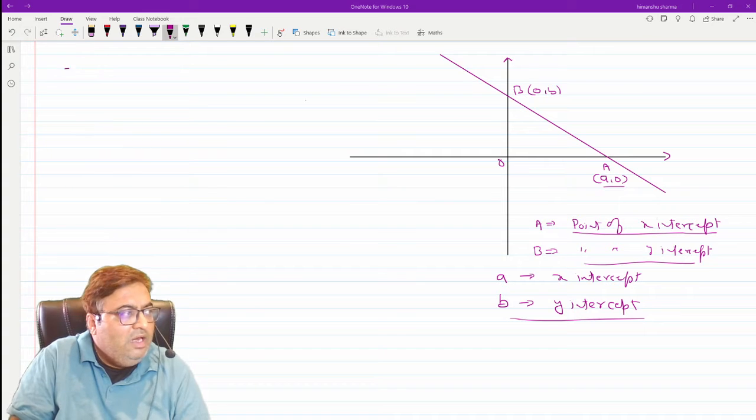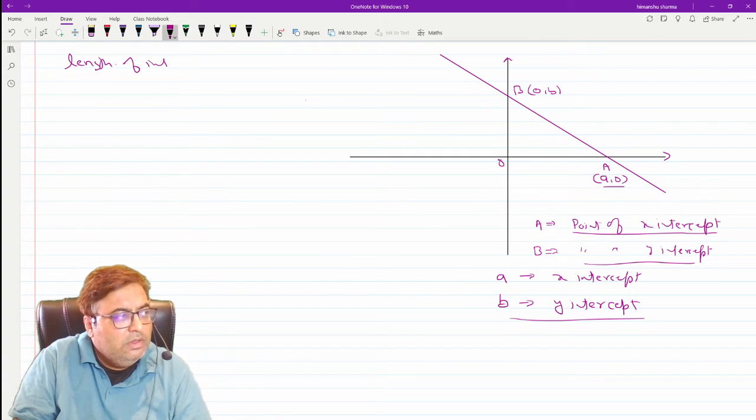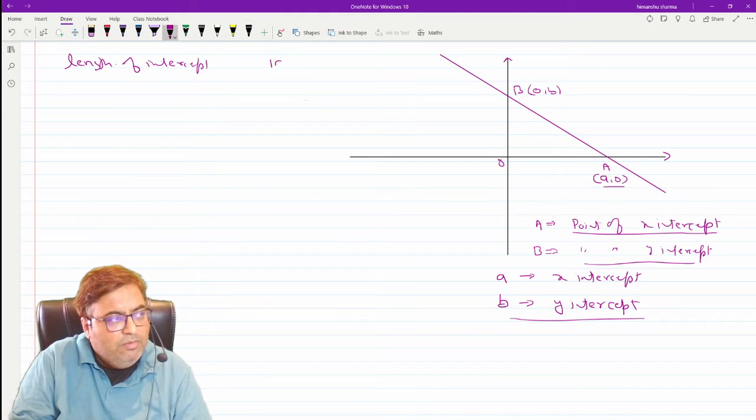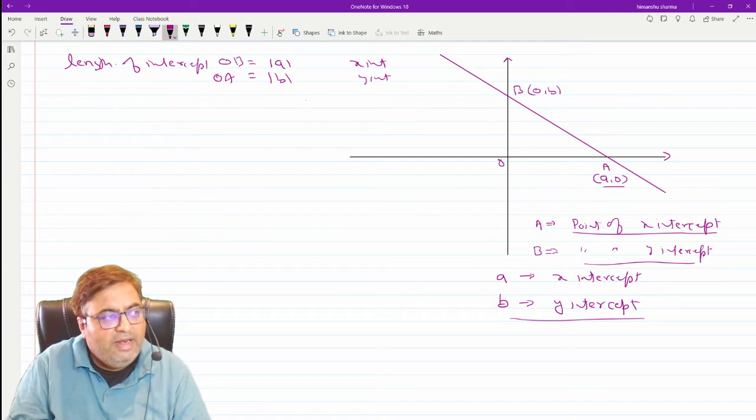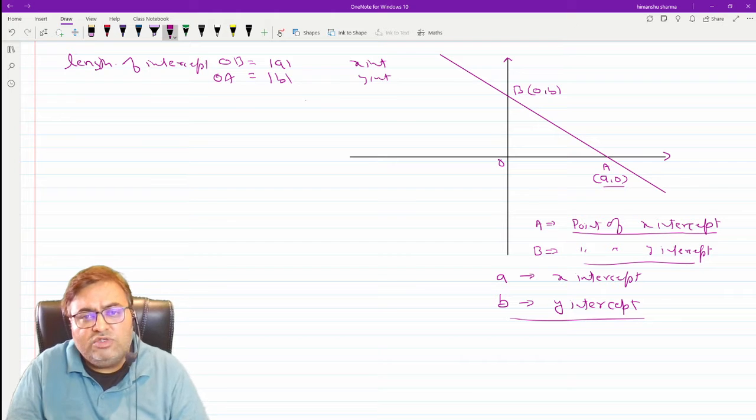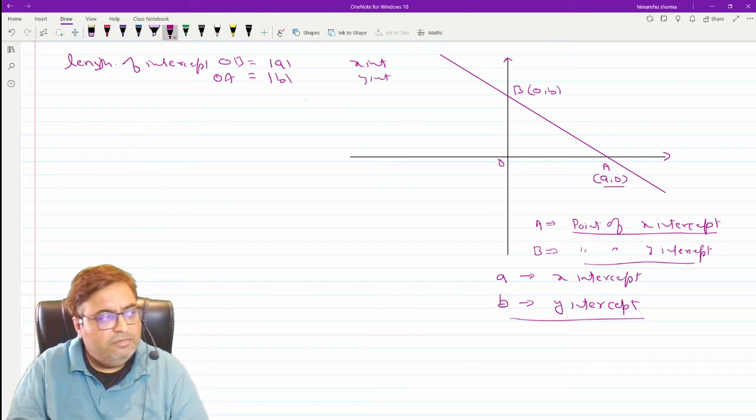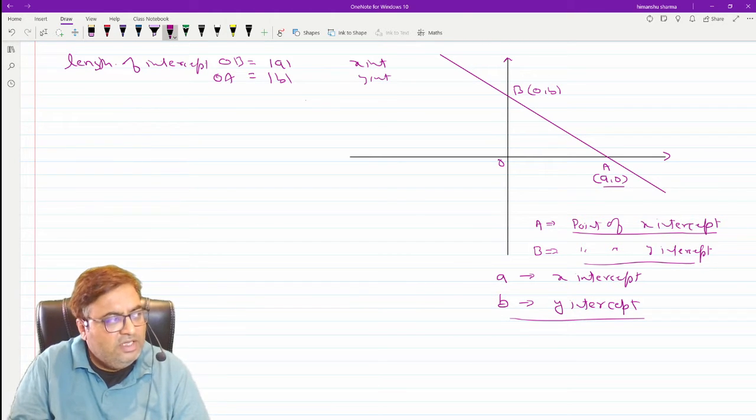Now the length of intercept will be mod of a for the x-intercept and mod of b for the y-intercept. So length OA or length OB are called the length of the x-intercept and y-intercept, which has to be always positive. Now there is something else we can see which will be frequently used in the questions.